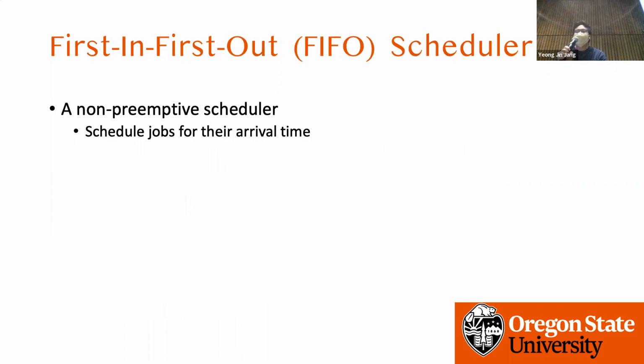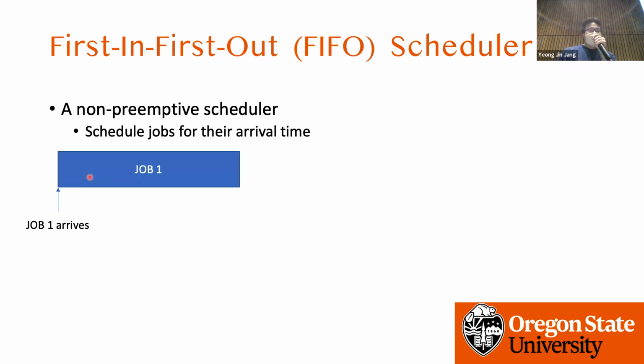It's a non-preemptive scheduler, and what it does is schedule jobs based on their arrival time. Suppose job 1 arrived at this time. You can regard this virtual x-axis as time.